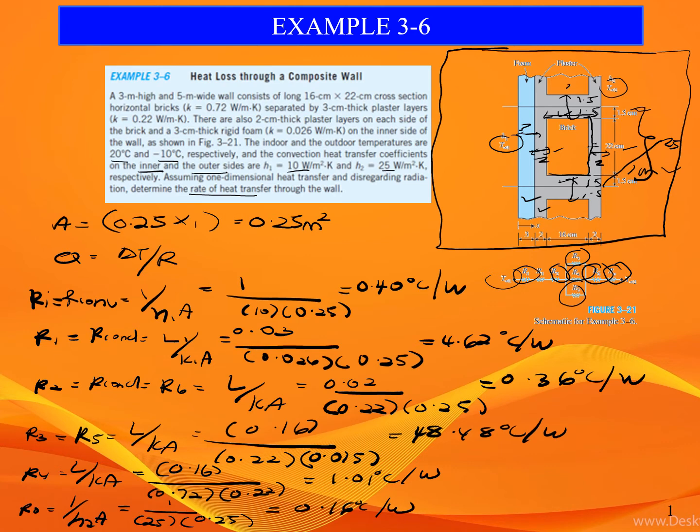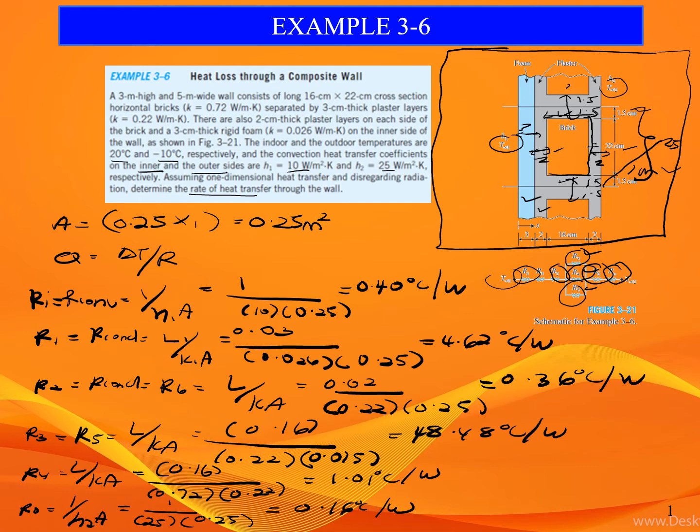Okay. So now, as we learned before, this parallel side, the R total is the summation of R3 plus R4 and R5. So I use this part to continue my calculation.